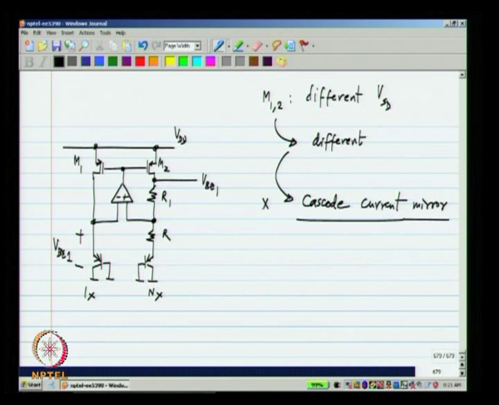That is one possibility. Another possibility is that this supply voltage here is regulated. That is, you make sure that this voltage does not vary too much. Now, this does not have to be very tightly regulated, because this already rejects the effects of power supply to some extent, because from the ideal analysis, the output voltage is independent of everything.